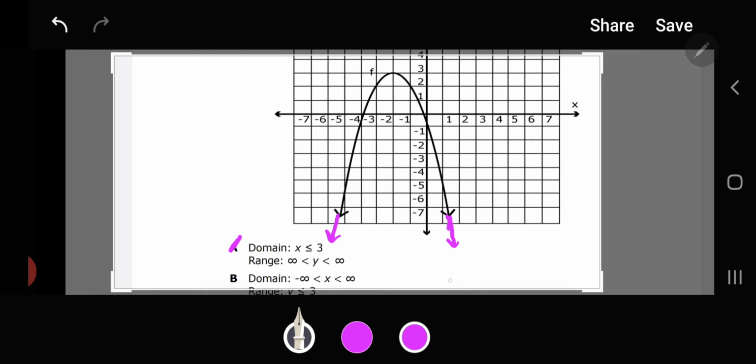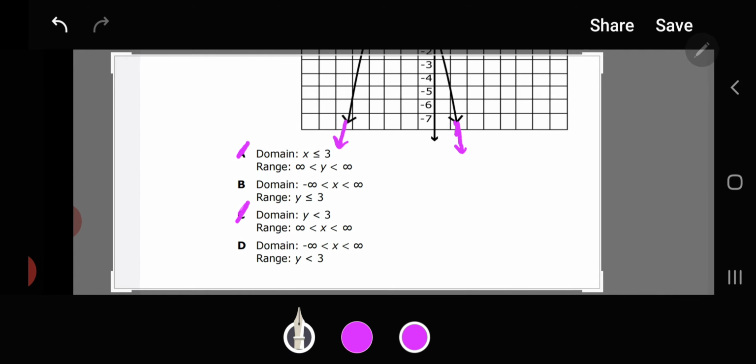Well, we go down forever, but our highest point for our y value is right here, and it looks like we get all the way up to 3. And we can be 3 because it is on the graph. So B says the range is y is less than or equal to 3, which means we're always less than 3, but we are also equal to it. So that looks good. The problem with D is that it says we cannot be 3, so it is wrong.